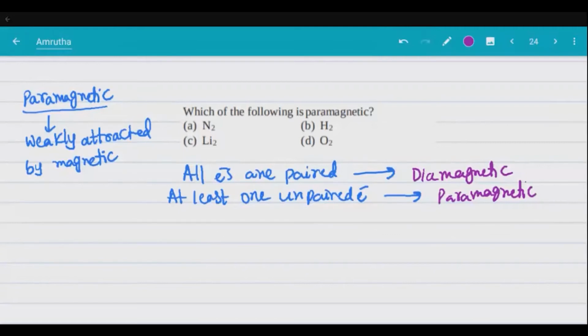Very easy. Where electrons are getting paired, that is diamagnetic.